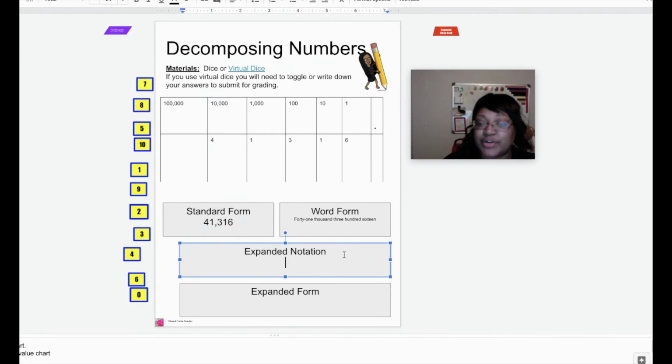Now, expanded notation, remember, has the what? What are these things called? Parentheses. So we start with open parentheses. Then we put how many groups of the place value, close parentheses, plus. All right, so open parentheses, I have 4 groups of 10,000.